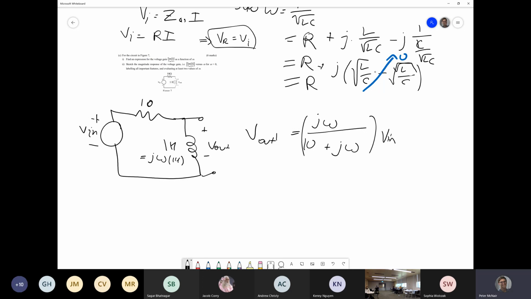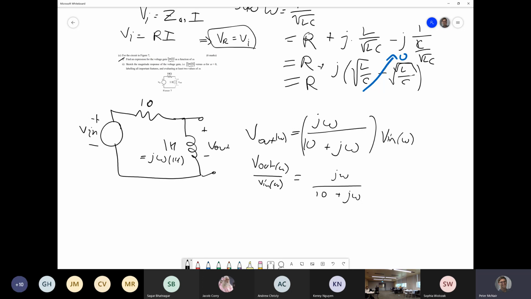So this is a function of omega, as is V in. We're not told what V in is. So then the gain, V out divided by V in, is given by j omega on 10 plus j omega. There we go. Part I, done. Not too bad, right? It was just a quick and dirty voltage divider.